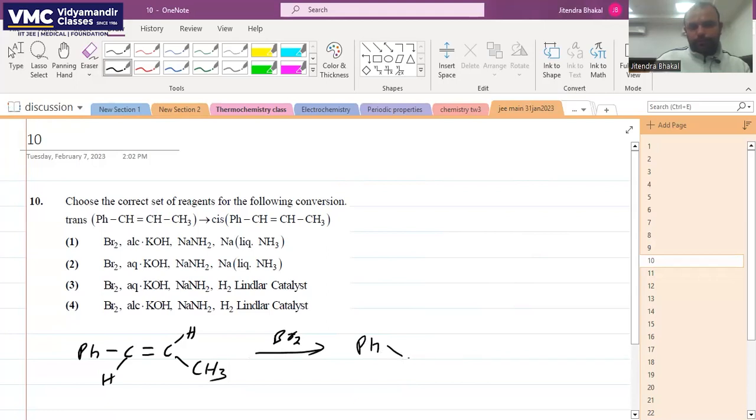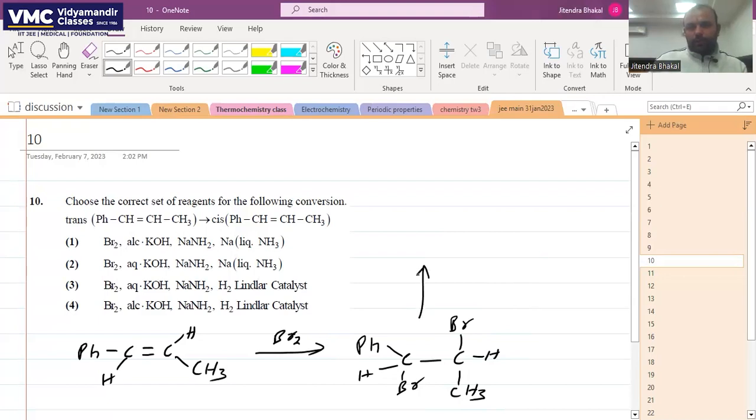Ph, C, H, Br, C. Now next, we need to convert it into a cis alkene. So next we need an elimination step. We can use alcoholic KOH for the elimination.